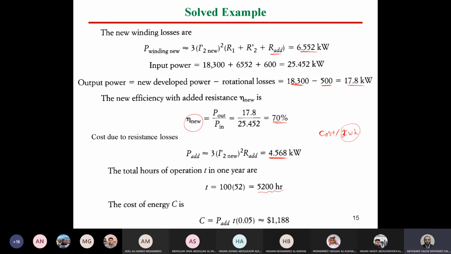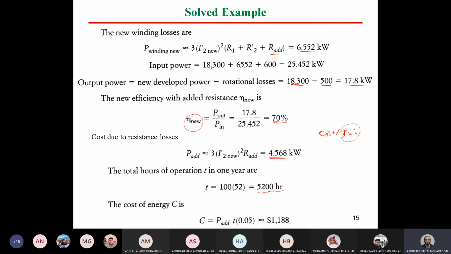If you multiply this by the value of power, it will give you the energy. Then multiply by the cost, which is 5 cents, so you can get the amount of money that is going to be used just if you added resistance. So this is the cost now of speed control.